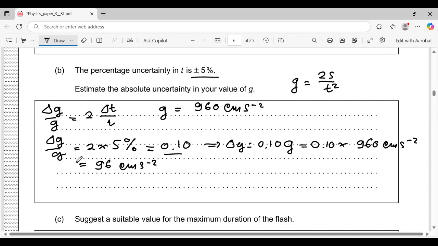So the value of g with its uncertainty is g equals 960 plus or minus 96 centimeters per second squared.